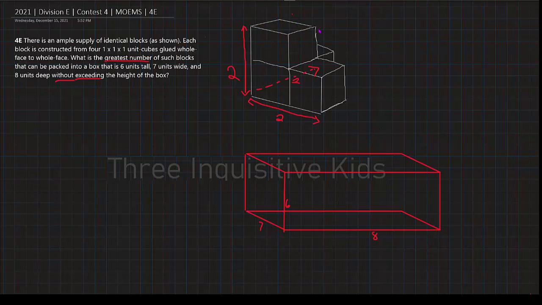But if you look at this shape, you see that if we have another one flipped around, we'll get a perfect 2 by 2 by 2 cube.